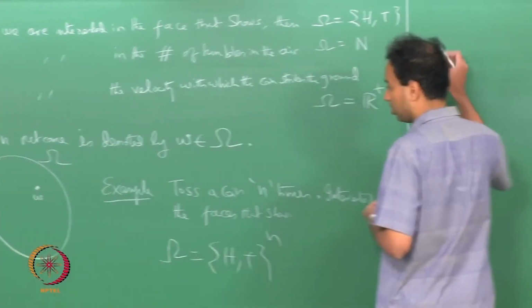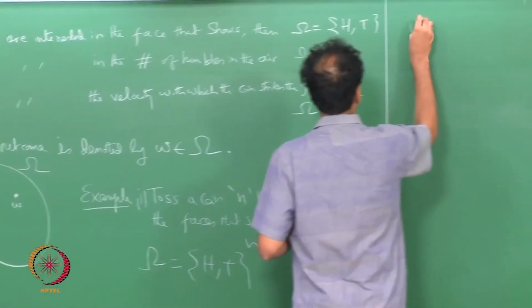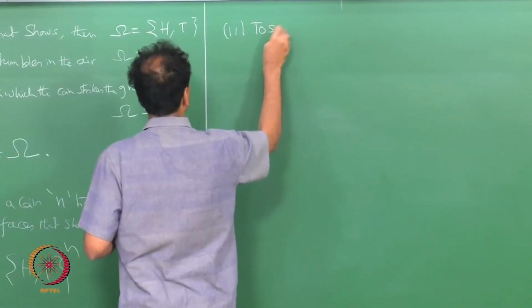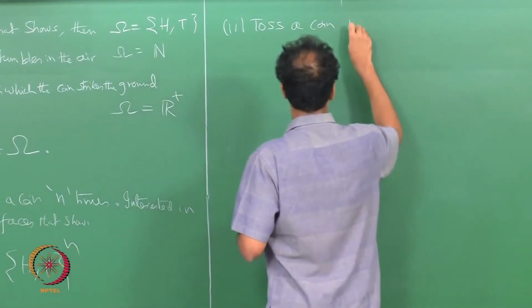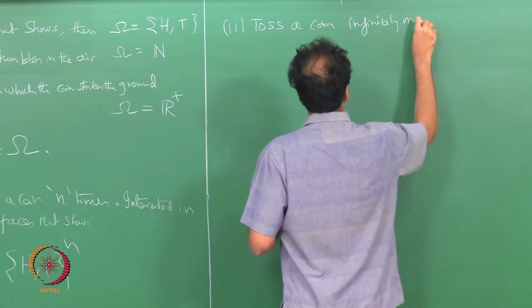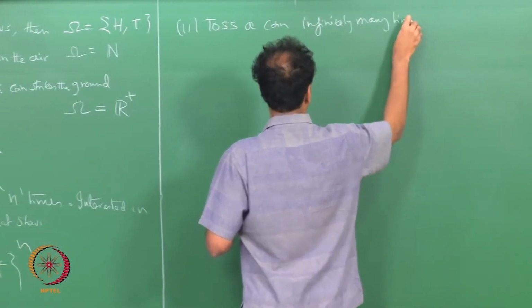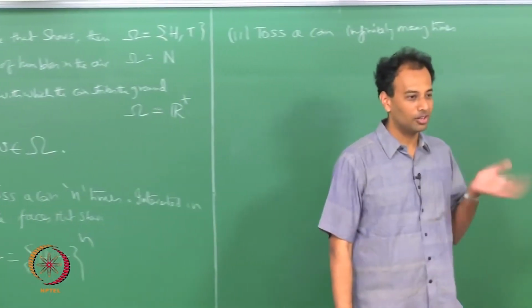Now, this is let us say 1. Now, toss a coin infinitely many times. And then again you are interested in all the faces that show.